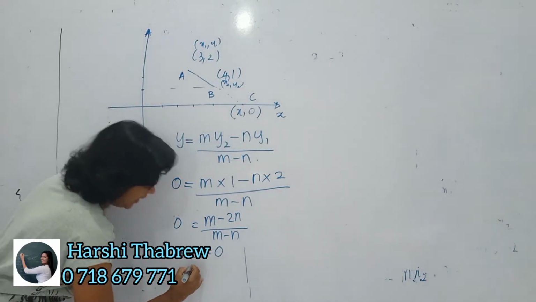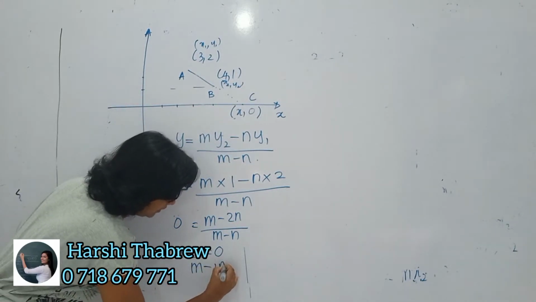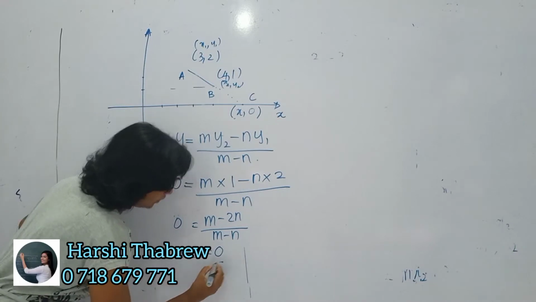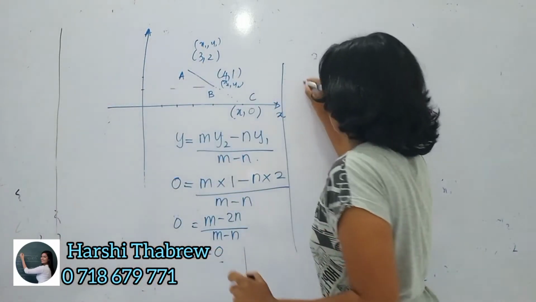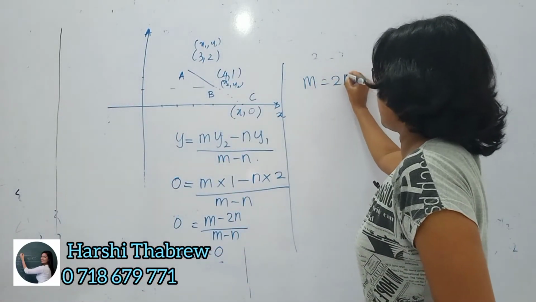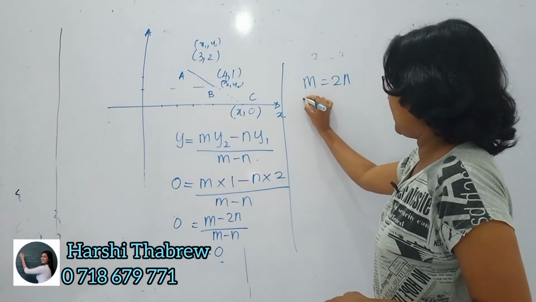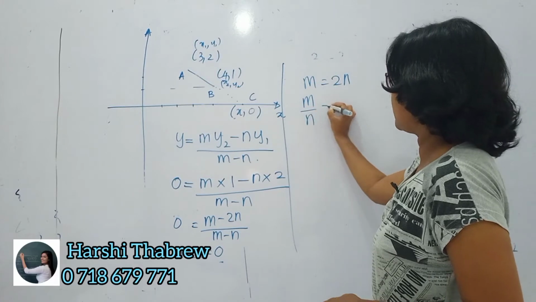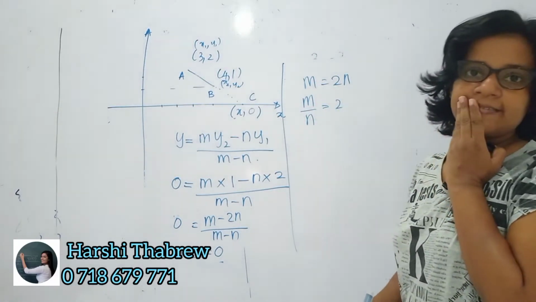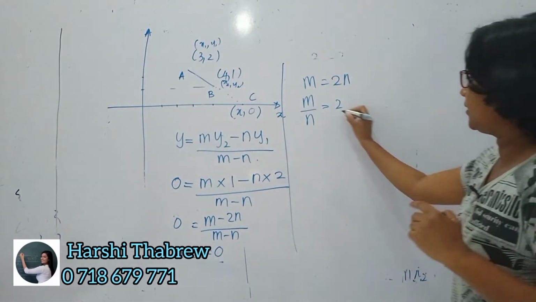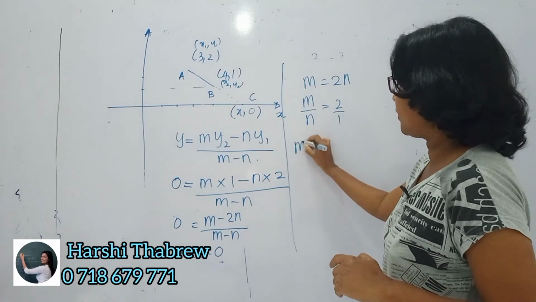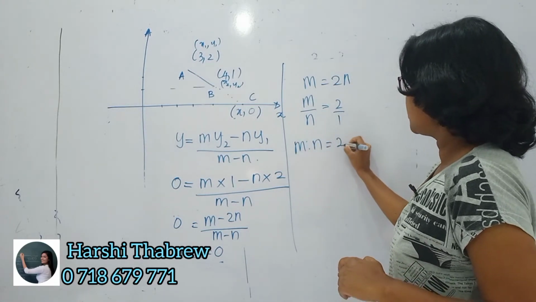So m minus 2n equals 0. Therefore, we can write that m equals 2n. Then you can divide both sides by n. Then m over n equals 2. Right? Then here you have 1. M to n ratio equals 2 to 1.